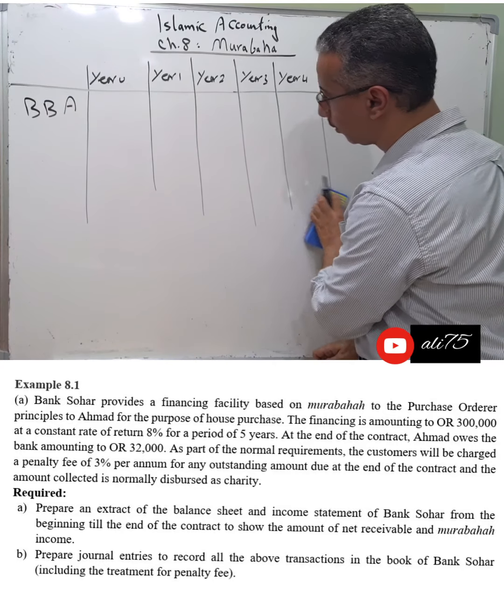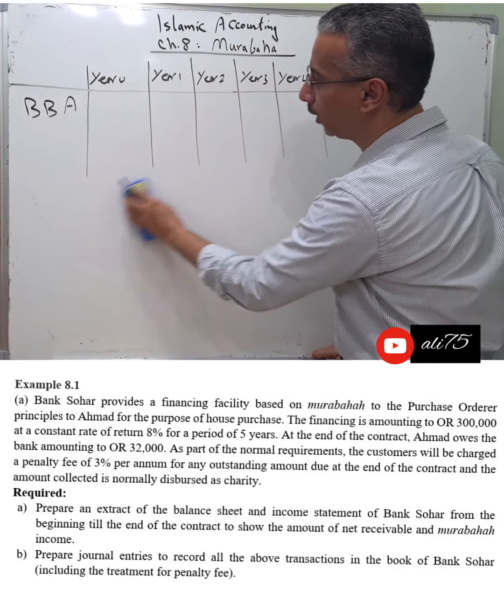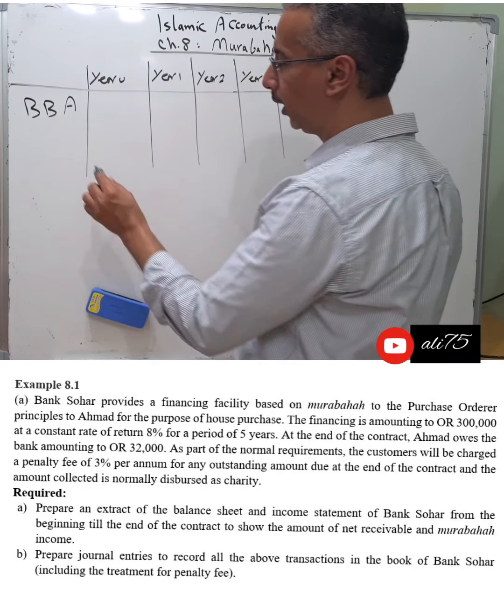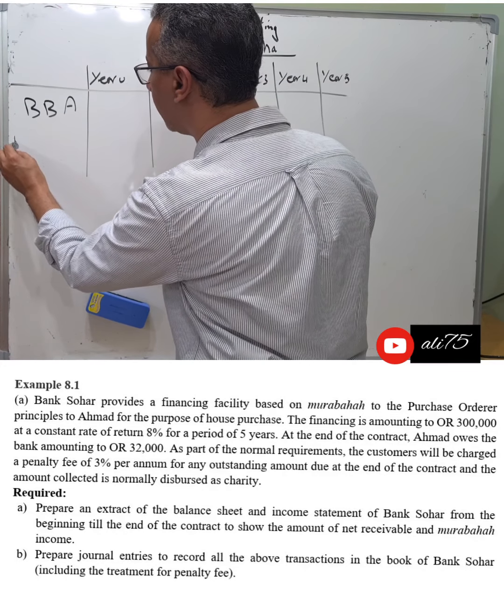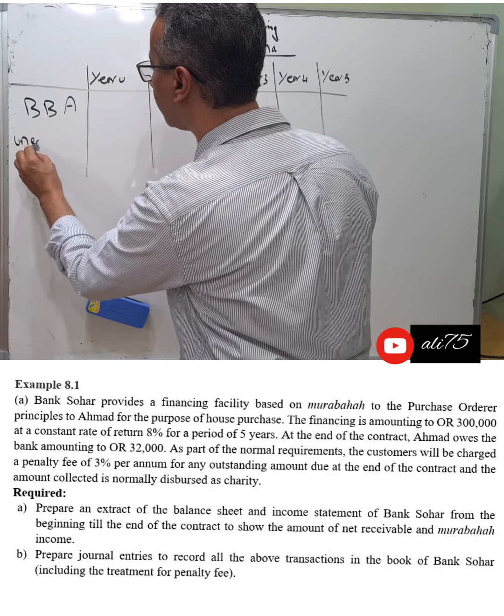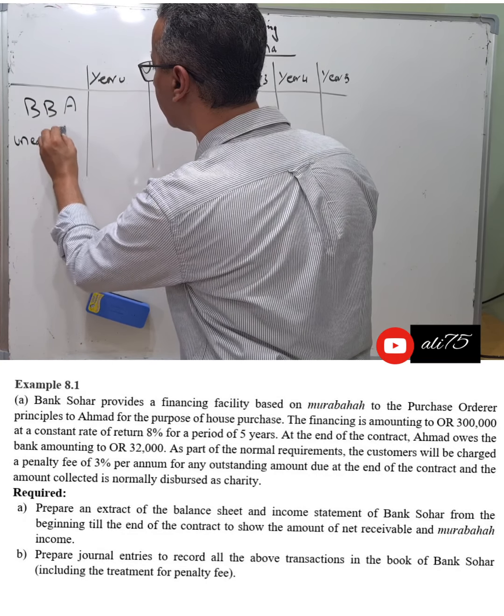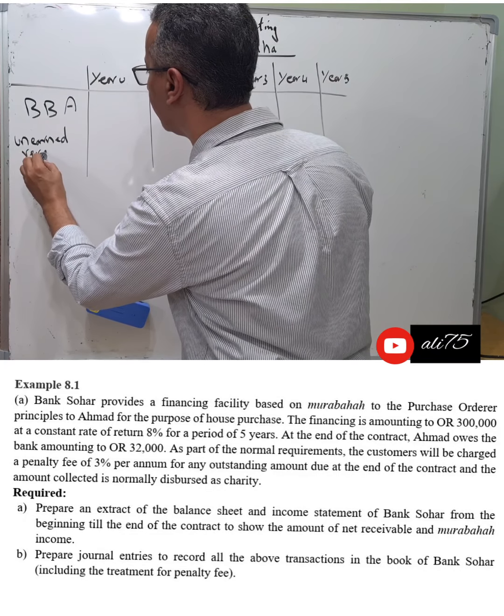How much? This amount should be, we have بيع بثمن آجل and unearned revenue. Unearned revenue.